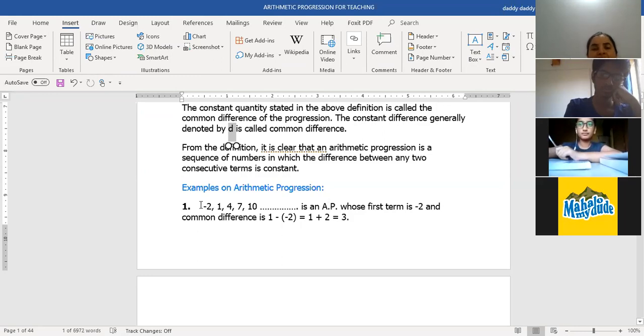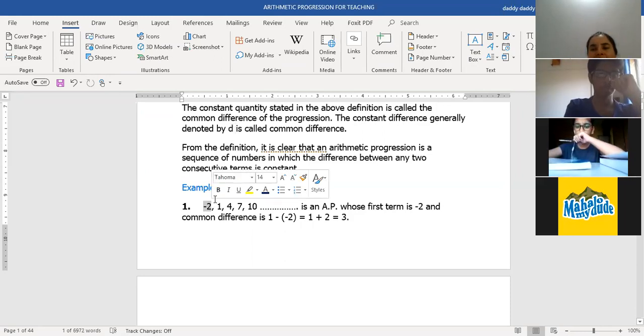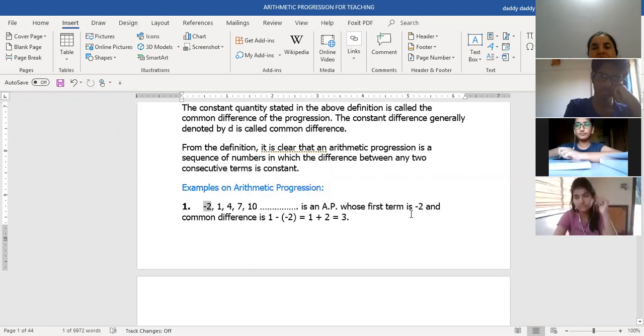Now, whatever number is at the first place becomes the first term of that particular sequence. So because the sequence is starting with -2, my first term is -2.